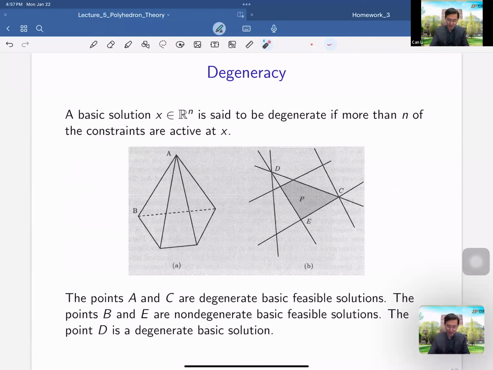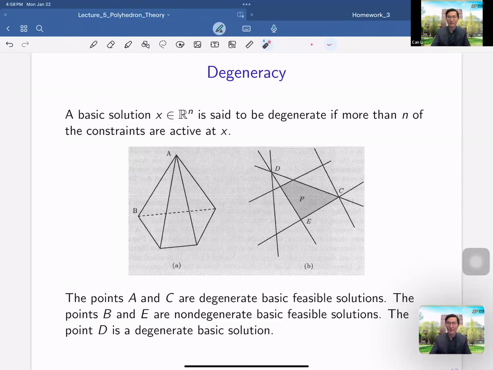So with that, I'm going to introduce another concept that is causing some numerical issues for software developers. And it is also related to the simplex algorithm. This concept is called degeneracy.